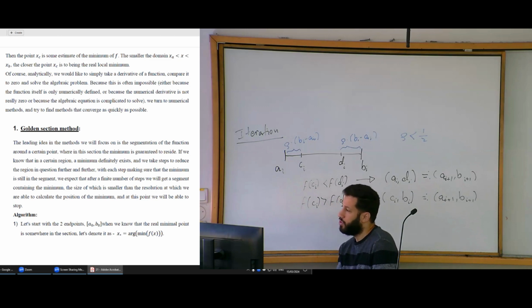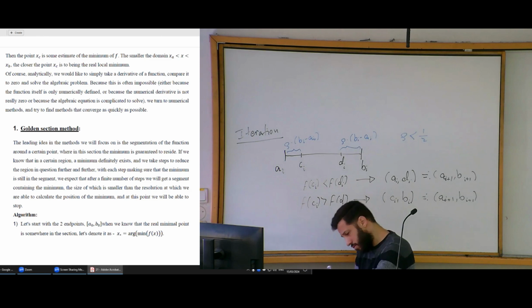If there is a minimum there and the function is convex, it is guaranteed to converge to that minimum. What is the length of the section I start with in iteration number n?